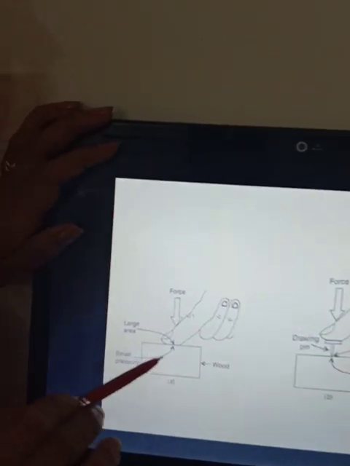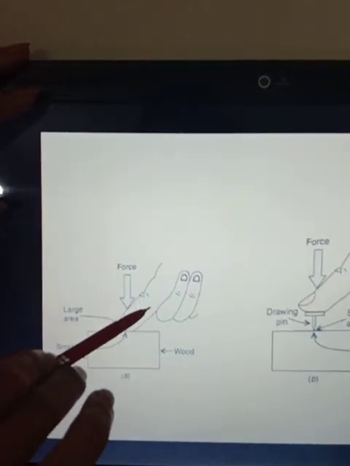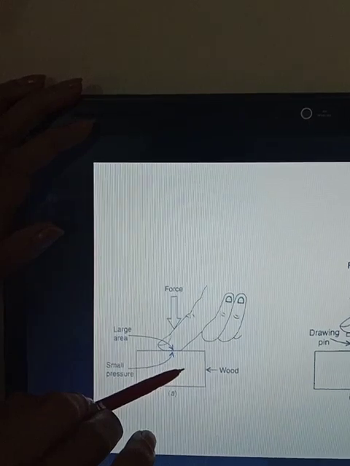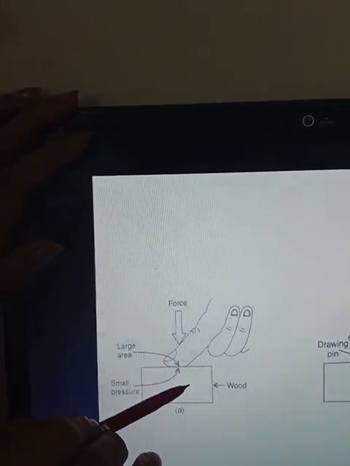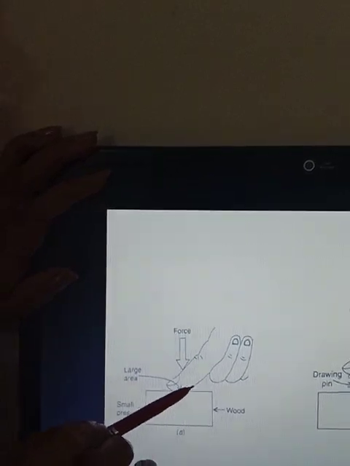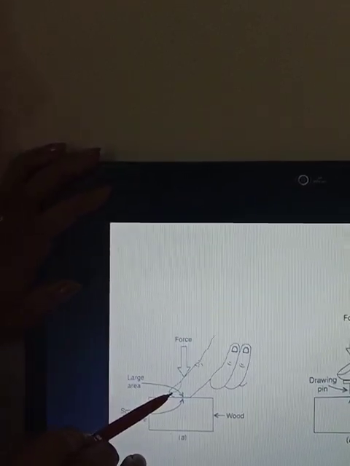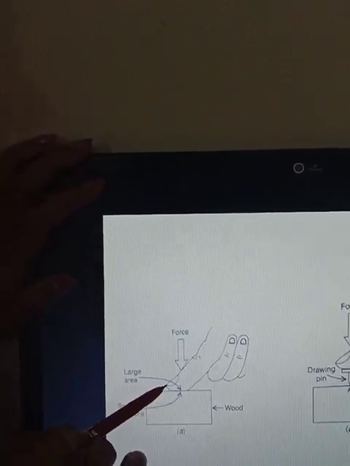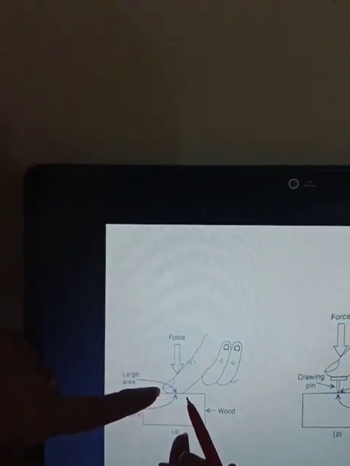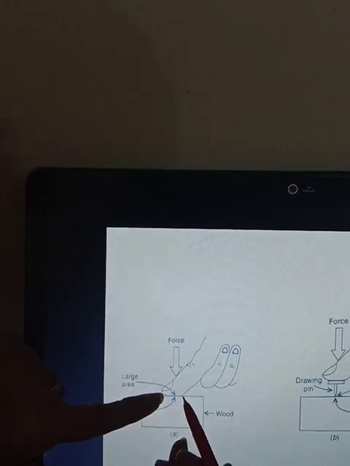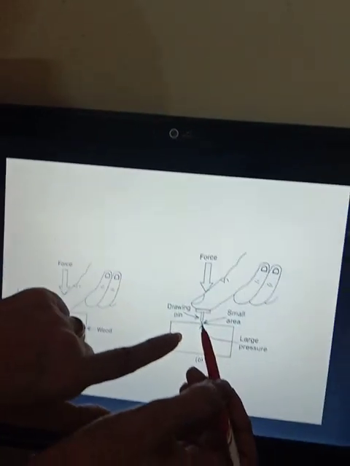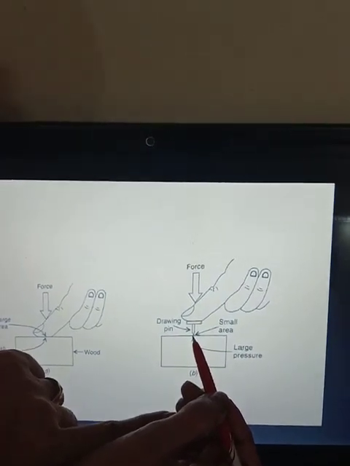But if you come here, we are directly applying the force of the thumb on the wood block. So this much is the area in contact, which is much larger than this point of contact.